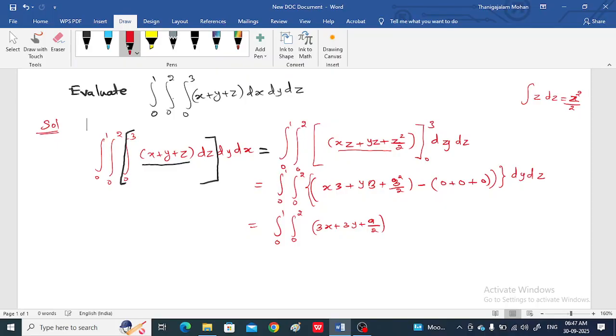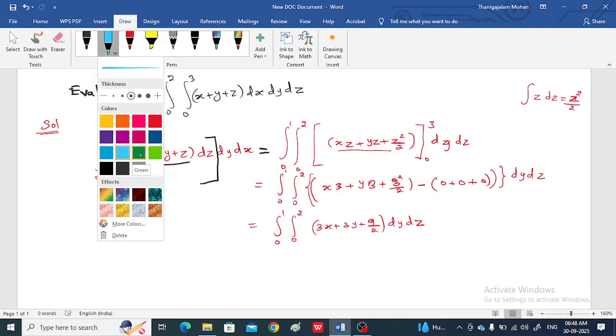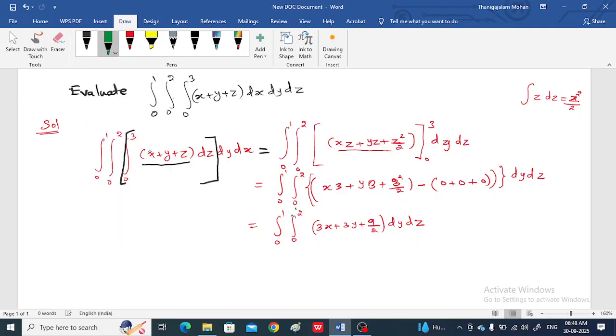It's again another function of this type, but instead of z we have only a constant. Again do the same integration with respect to y.